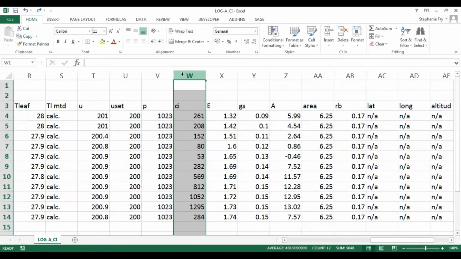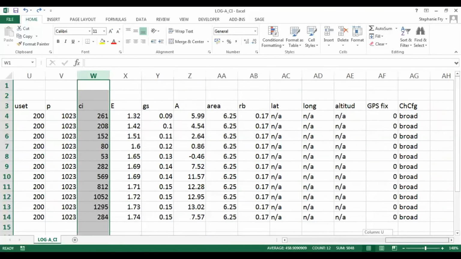CI, a key parameter to look at for stability values when starting an experiment. This is the intercellular CO2 in VPM or ppm. E is the rate of transpiration in millimole per meter square per second.